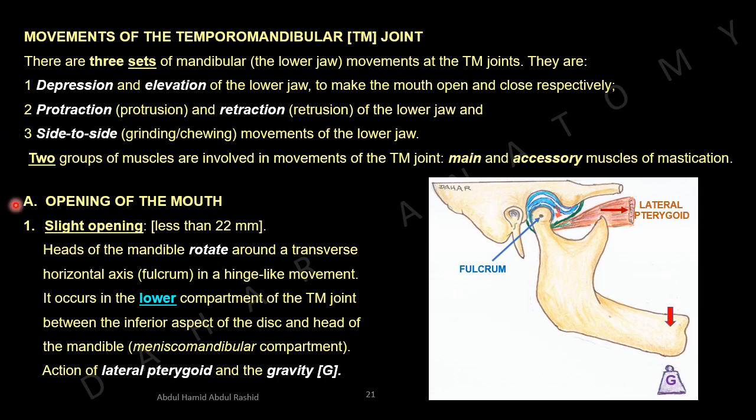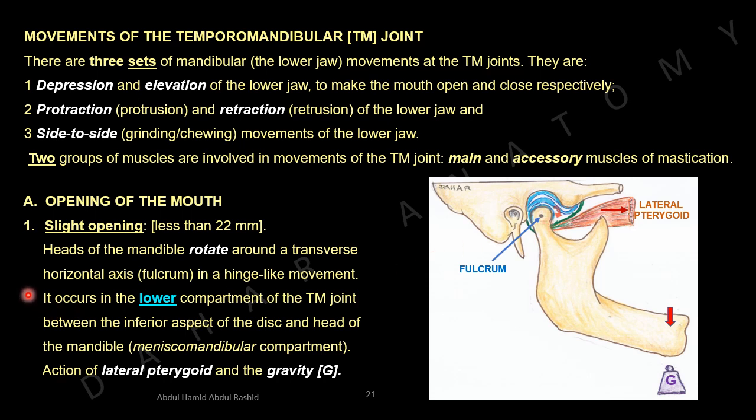A. Opening of the mouth. 1. Slight opening, that is less than 22 mm. Heads of the mandible rotate around the transverse horizontal axis, that is the fulcrum, in the hinge-like movement. This is the one head. Here is the axis, transverse axis, which is the fulcrum.